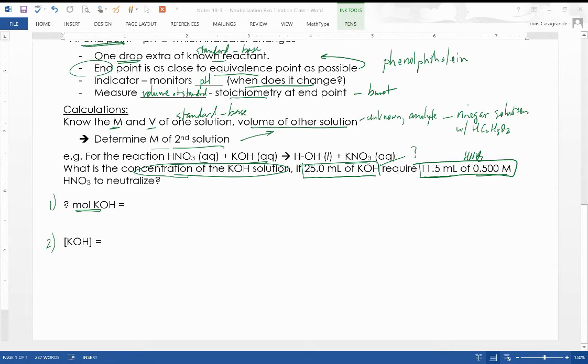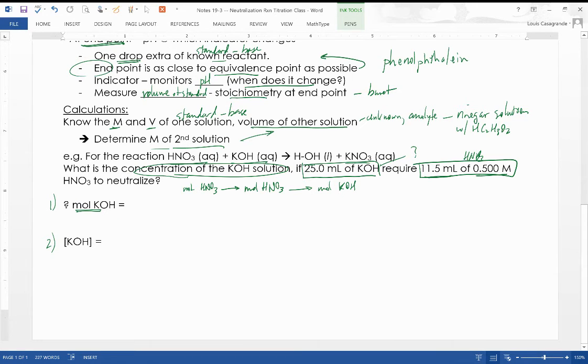That's on the next line, but I think I want to have it here just to show you. So the first thing I'm going to do, I need to go from milliliters of the nitric acid to moles of the nitric acid. I can do that because I know the molarity. And then from there, I'm going to go to moles of my KOH using stoichiometry.